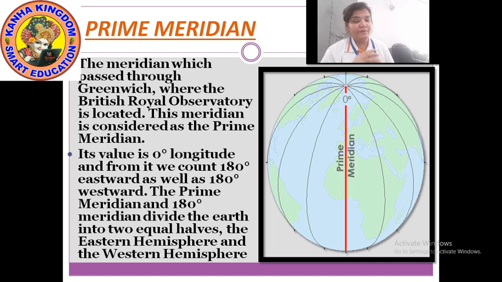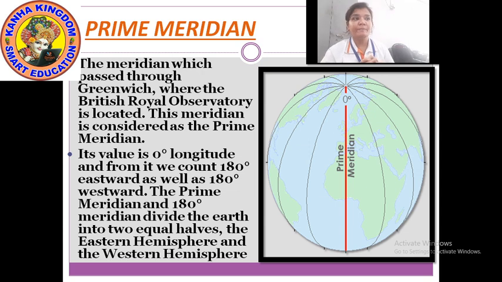Now about the prime meridian, it is such a meridian which passes through Greenwich. Greenwich is the main place. Okay, it is near South London, where the British Royal Observatory is located. That's why this meridian is considered the prime meridian. Why is the prime meridian considered so by its name?